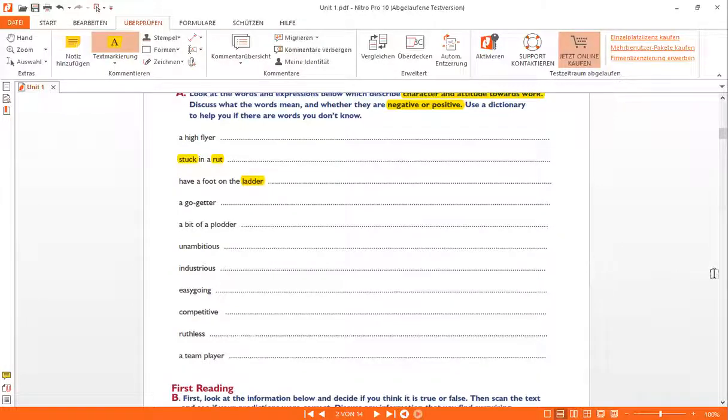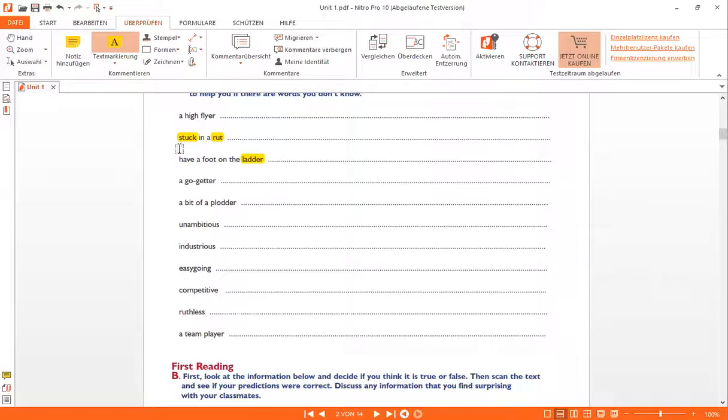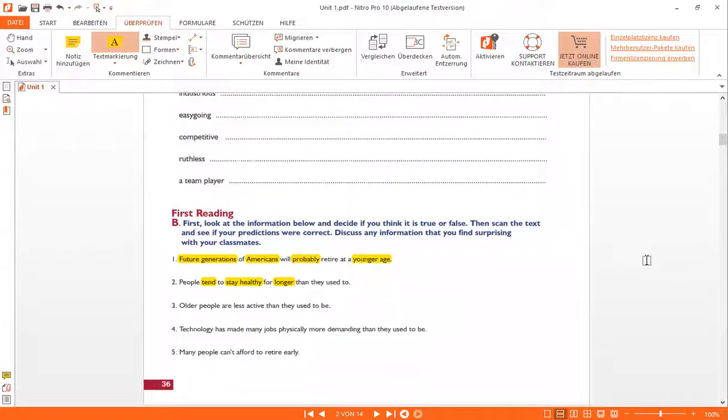So that's a plodder. So go ahead, we've literally done the difficult ones. Go ahead and use your dictionary and check the meanings of these words, and then write them out, okay? So write them out, full sentences, as a way to learn what they mean.